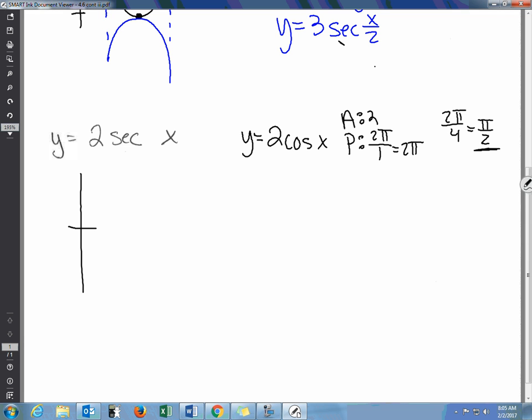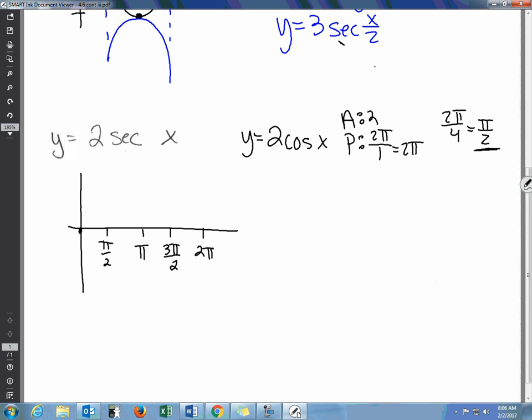So I have 0, pi over 2, 2 pi over 2, which reduces to pi, then 3 pi over 2, and then 4 pi over 2, which is 2 pi. That's how you get those.